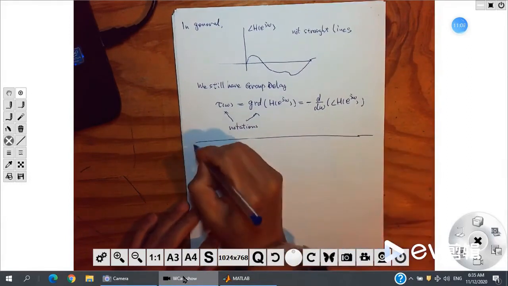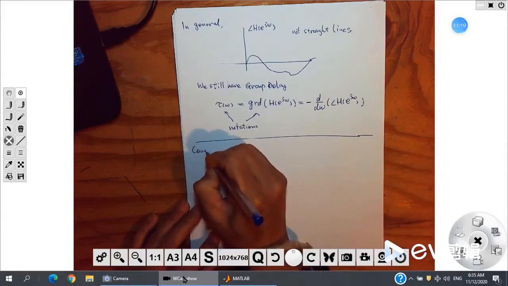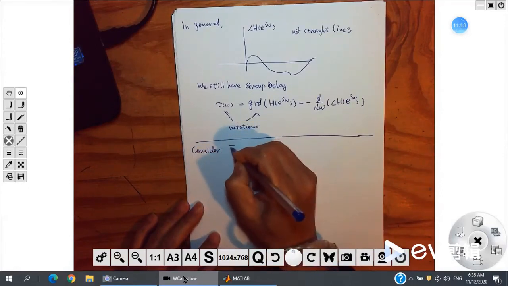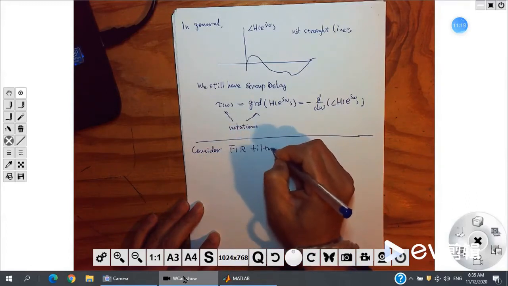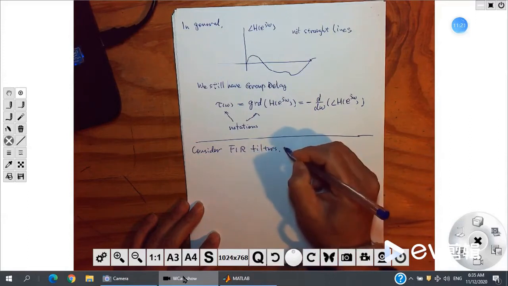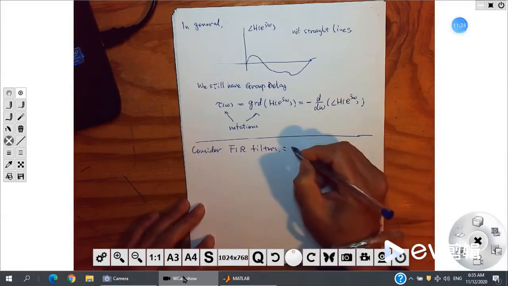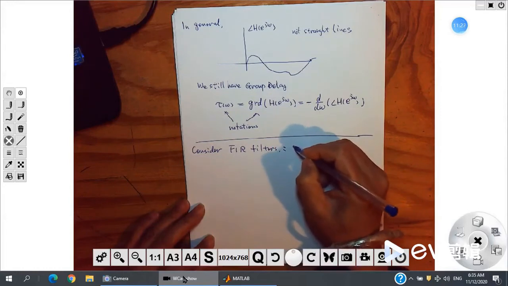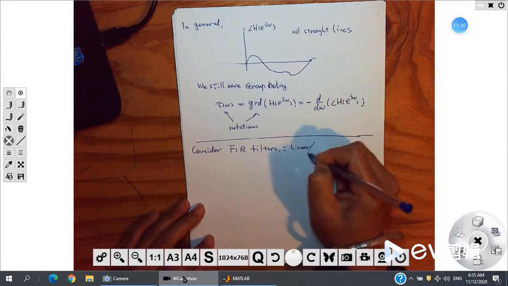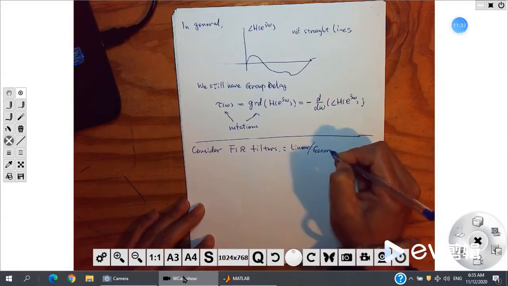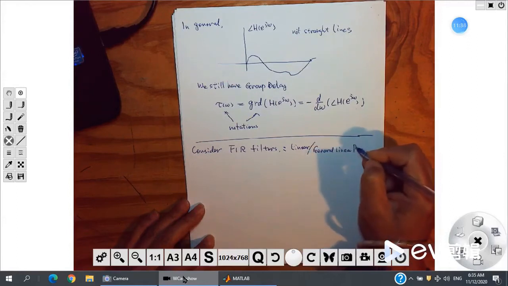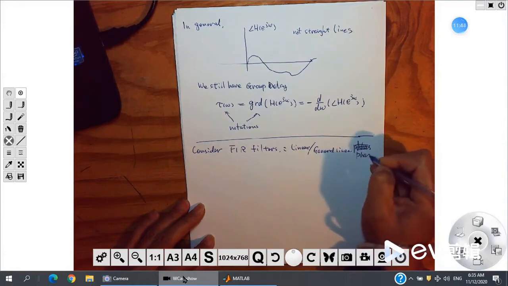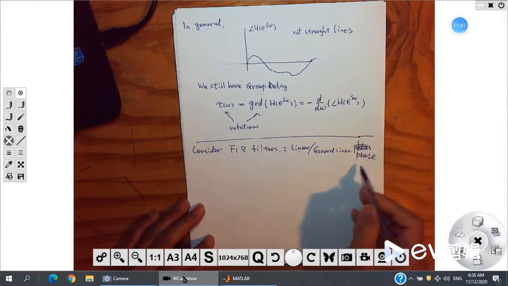So now we consider FIR filters, linear or generalized linear phase.